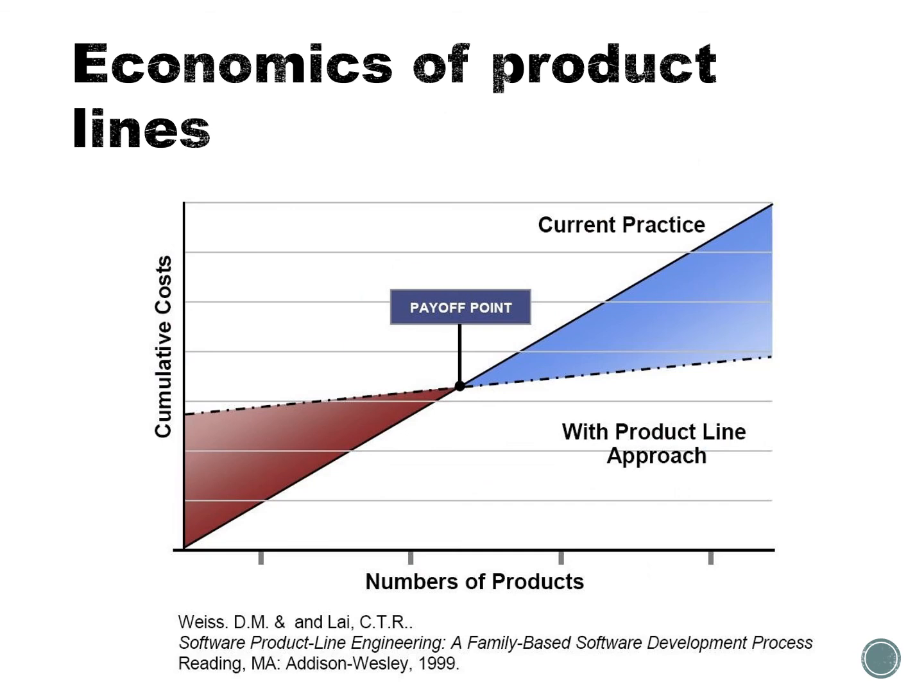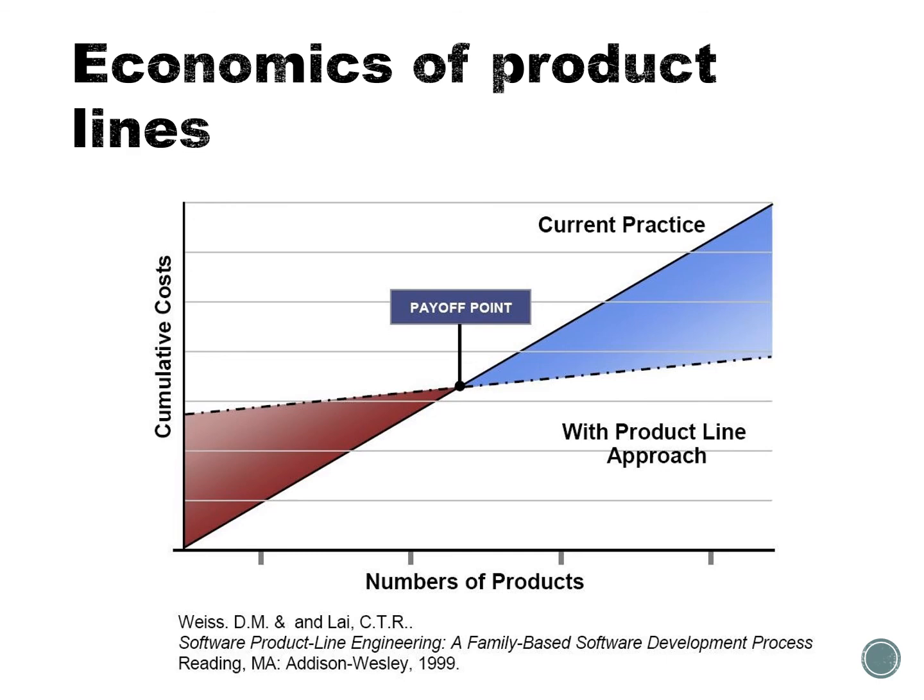And finally, like with the test automation, there is a payoff point when you have enough products or enough domains or enough areas in which you use your core components. Of course, this means that you can't have everything as your core component, because that would be stupidity, or at least it would be against the ideology of product line thinking.